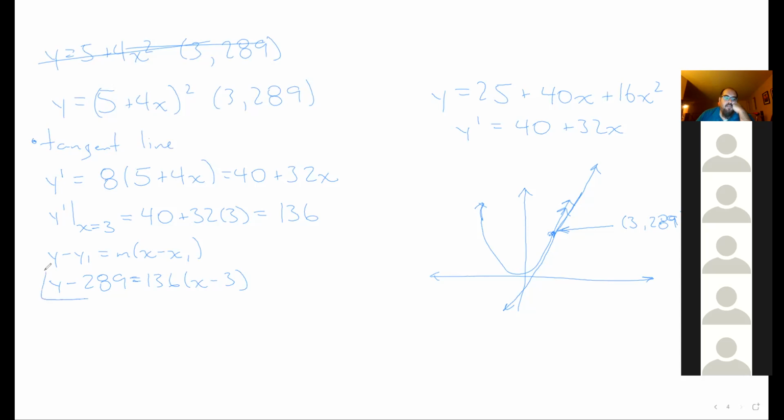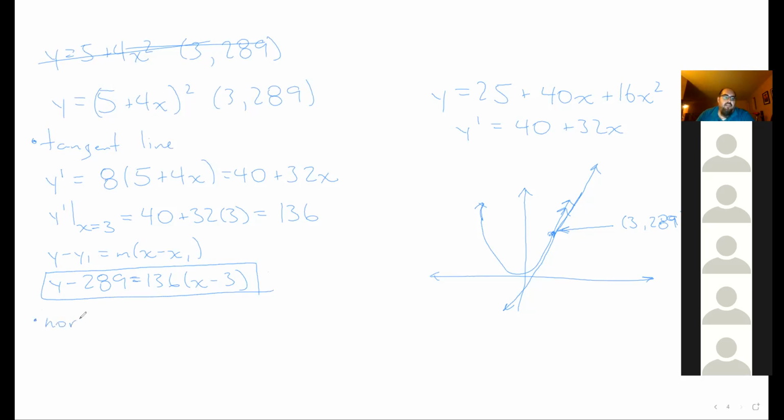If you want to leave it in point slope form, I think WeBWorK is okay with that. That should be good. You okay with that? Yeah.